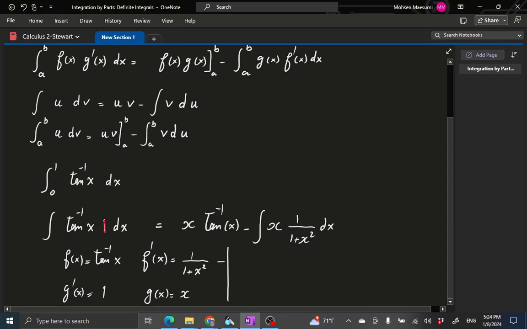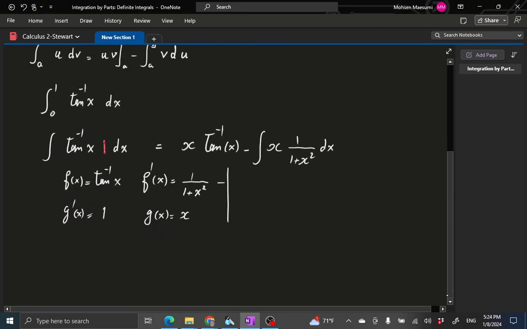Okay, now let me continue here. So I have x tangent inverse of x minus, now I have another integral. Very common situation. We try to do an integral, we end up with another one. The hope is that what is showing up on the right hand side is easier, more doable than what we had at the beginning.